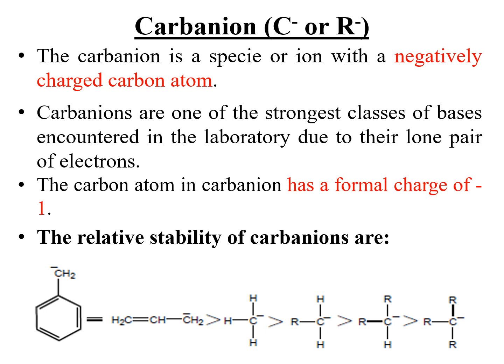In radicals and carbocations, they are deficient. When you donate electrons to them, you make them stable. While carbanions have excess electron density, releasing more electrons into one that already has excess electron density is going to make that compound less stable. That is why tertiary is less stable, while methyl is more stable.